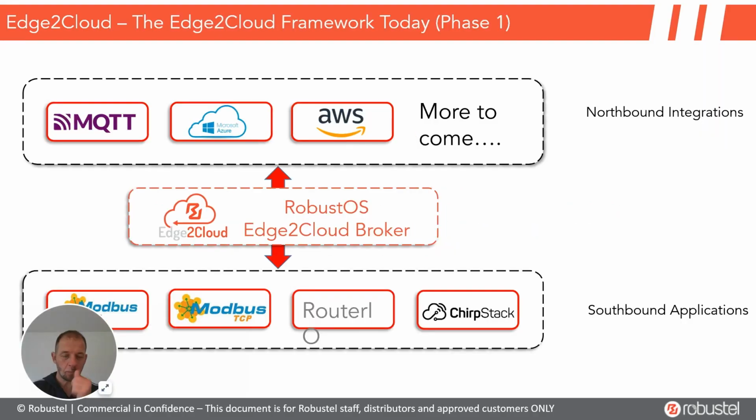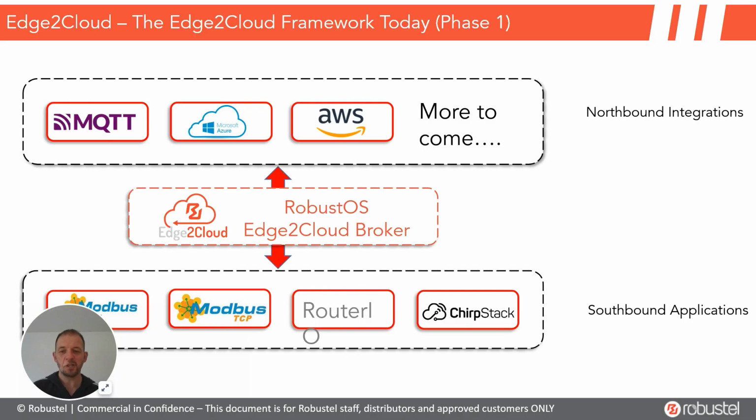So this is probably the simplest view. We have the southbound applications. The common ones at the moment are Modbus TCP, Modbus RTU, and router IO. We've dropped an output there, but I'm sure you can still understand.